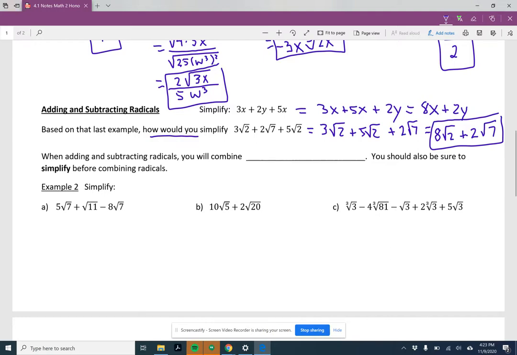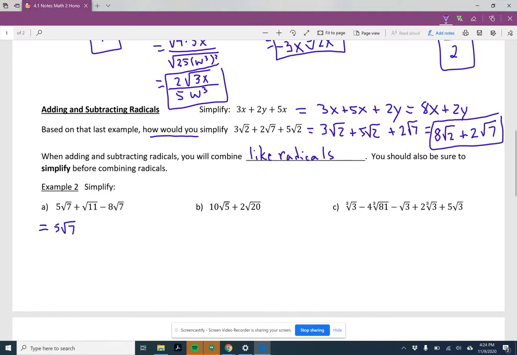When you are adding and subtracting radicals, you will combine the like radicals. They have to have the same radicand to put them together. But you also need to be sure to simplify before you combine. So we're going to look at example 2, part A here.